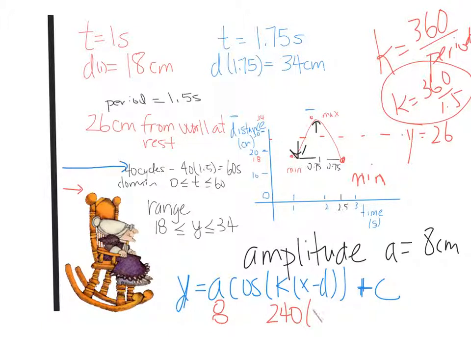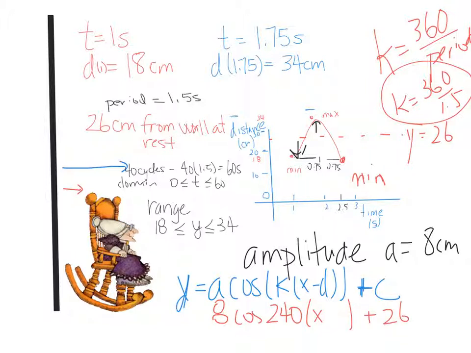And then the x minus d. D is the horizontal translation, so I'll come back to that in a minute. And then the plus c is the equation of the axis, so that's 26, because we moved the whole curve up 26.